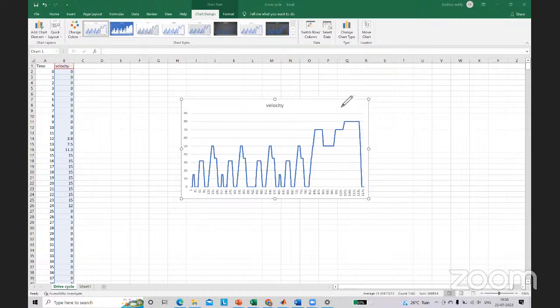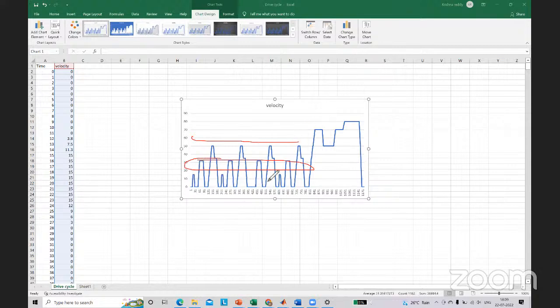The drive cycle behavior will be different in different areas. If you are considering the highway, you always try to maintain more than 60 for a longer time of your run. If you come to the city side, with high traffic, we hardly touch the top speed, maybe 60s or 50s, or most of the time we'll be lying in the 20 to 30 range.